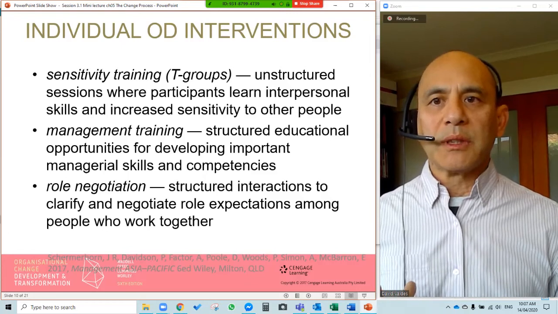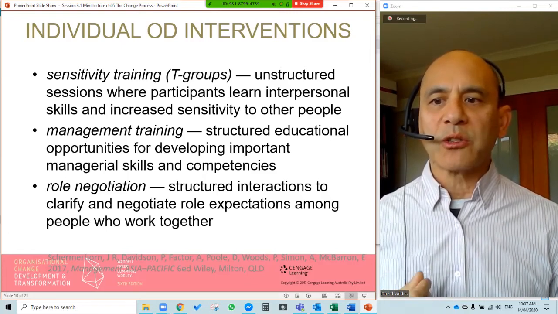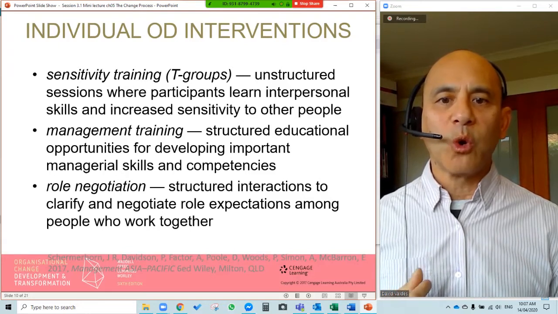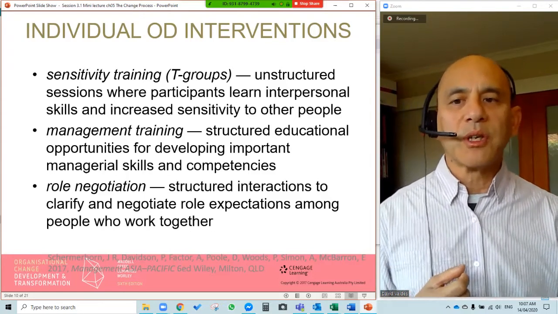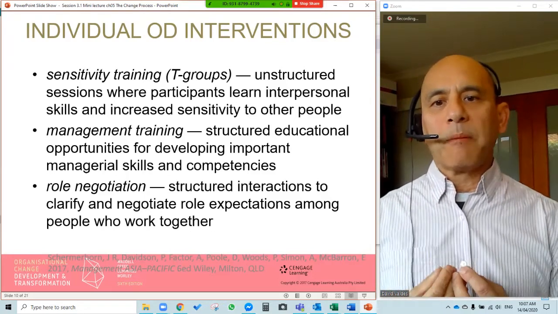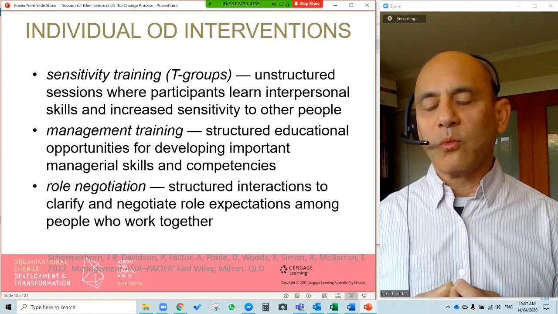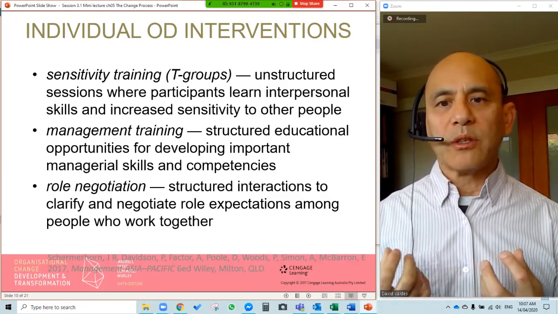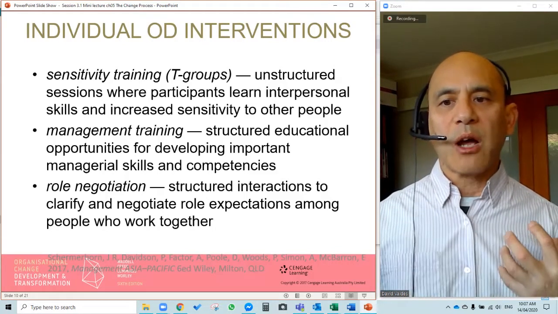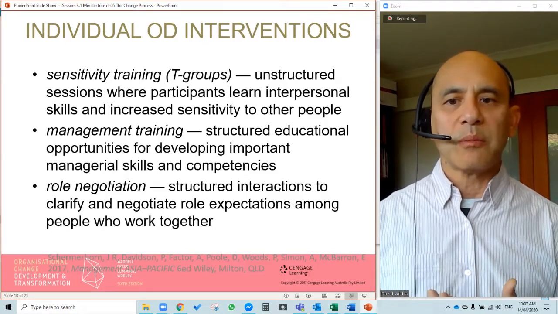Another individual intervention is role negotiation, a structured interaction to clarify and negotiate role expectations among people who work together. In other words, the people within a team might explore what exactly their role within the team is, what their job description is, and how that interacts with other people.